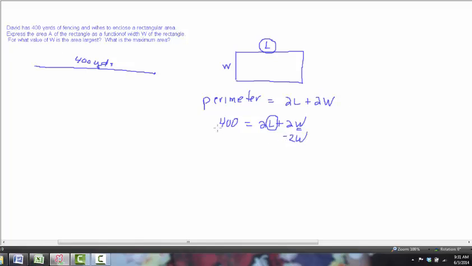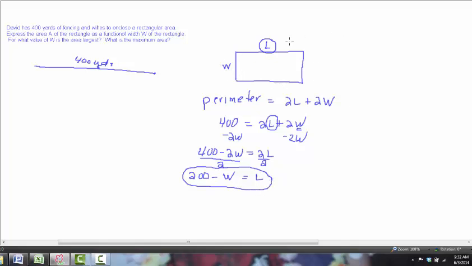So this becomes 400 minus 2W is equal to 2L. And again, I'm trying to get L by itself, so let's divide both sides of the equation by 2. So L is equal to 400 divided by 2, which is 200, minus 2W divided by 2, which is W. So L is equal to 200 minus W.